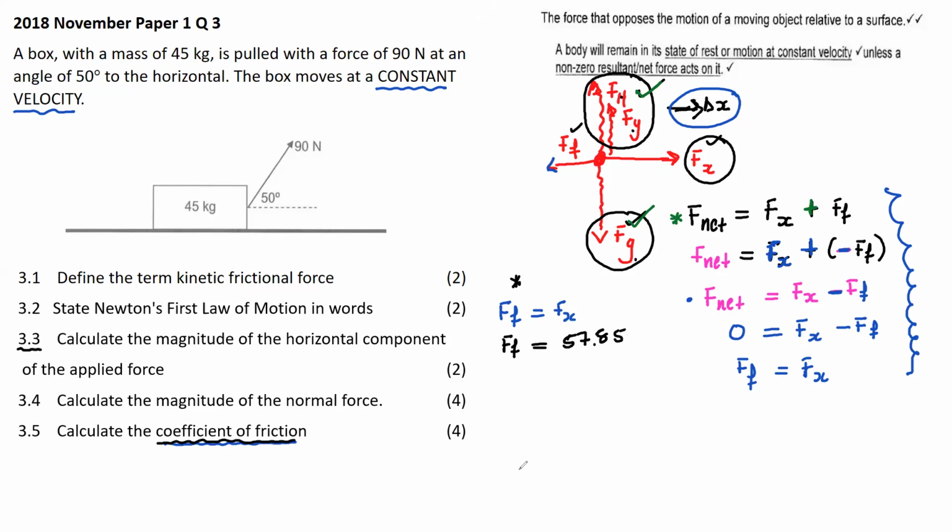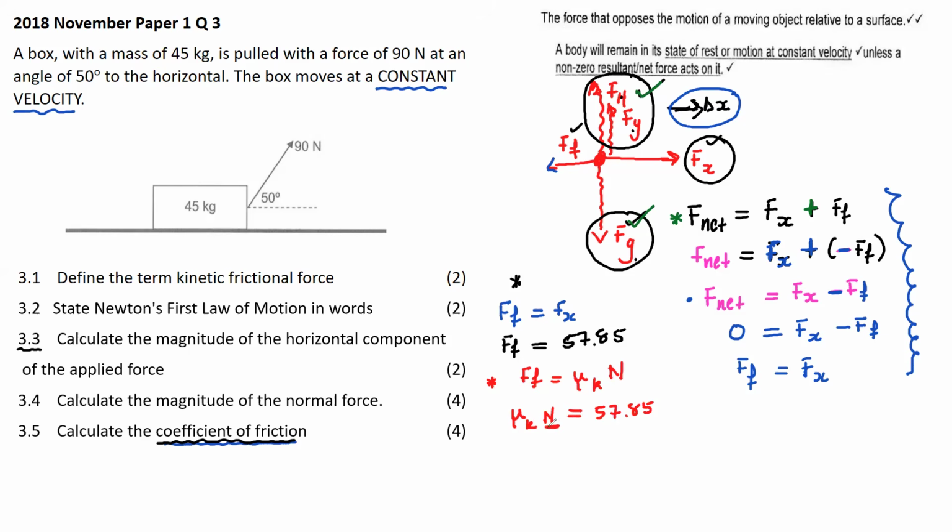Your choice of the equation always depends on the information given. And so I acknowledge the following. Follow my lead. I acknowledge that Ff, according to the formula, is mu k N. Remember, I'm looking for the coefficient of friction. So in other words, mu k N is equal to 57.85.